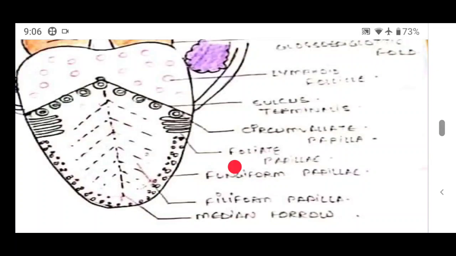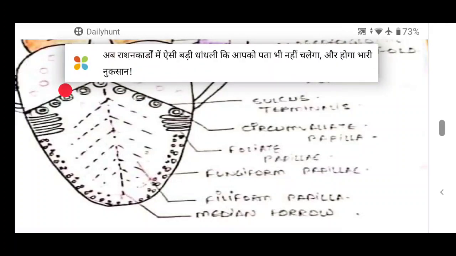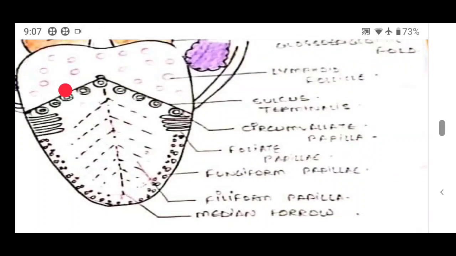From the center it runs forward and laterally, making an angle in the middle of the central part of the tongue at the junction of the anterior 2/3 and posterior 1/3. Here you can see the sulcus terminalis, and the pit at the angle of the sulcus terminalis is known as the foramen cecum.